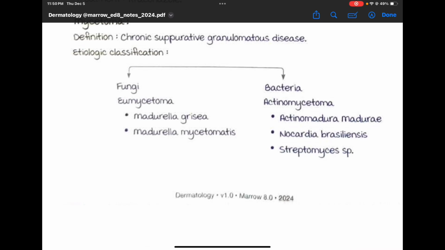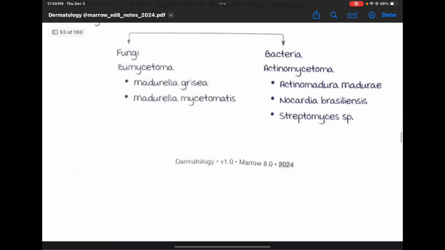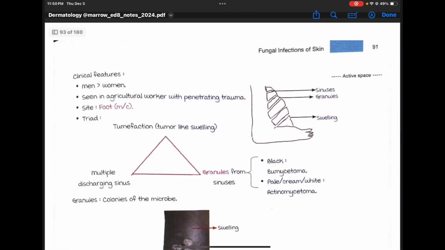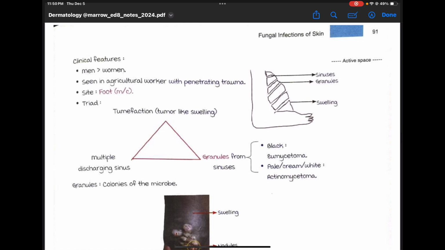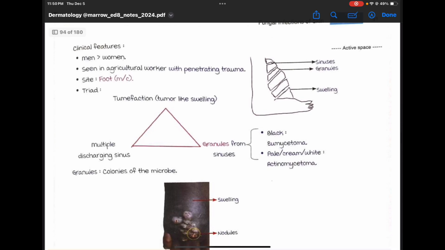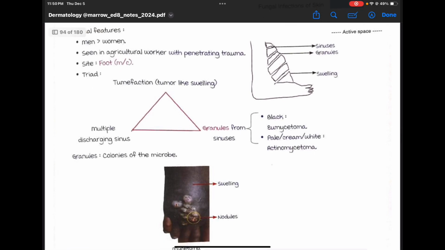Clinical features: seen in men more than women, seen in agricultural workers with penetrating trauma. Site: foot is the most common site. Triad: tumefaction, tumor-like swelling, granules from sinuses, multiple discharging sinuses, granules, colonies of the microbe. Black eumycetoma, pale cream white actinomycetoma.